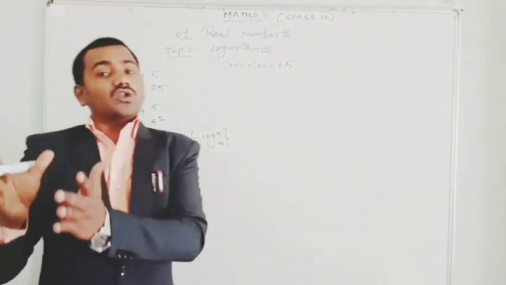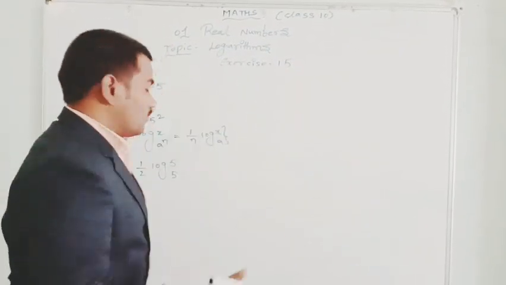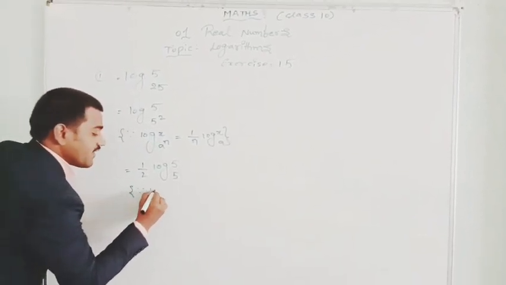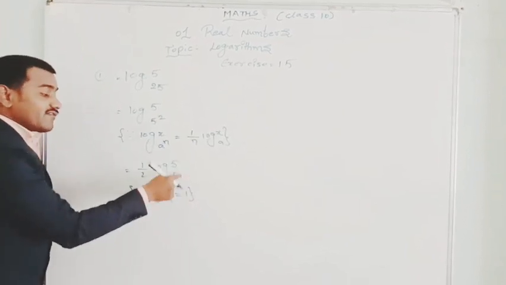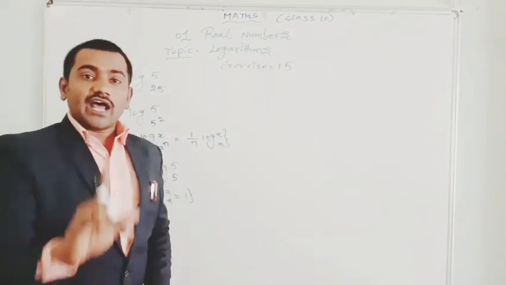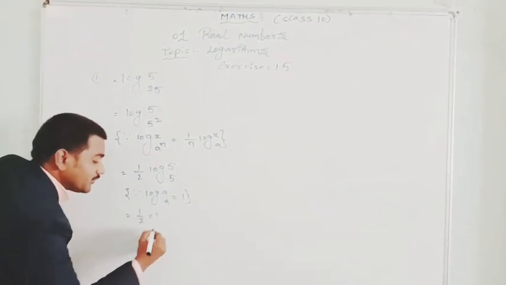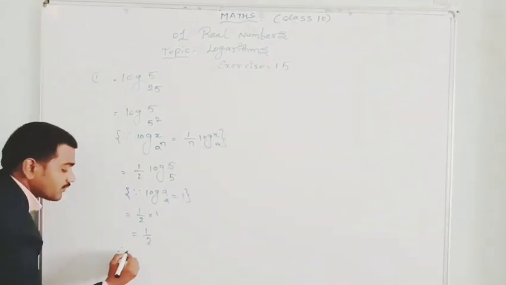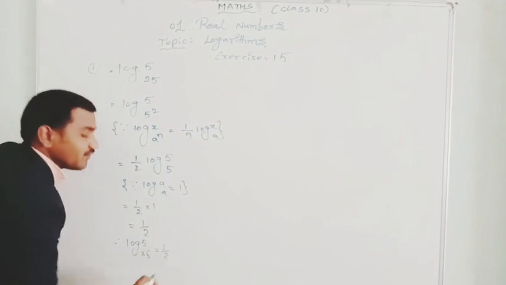We have also learned one more important formula, that log a base a equals 1. When the log value and base value are the same, we get the answer 1. So here we get 1 by 2 into 1, that equals 1 by 2. Therefore log 5 base 25 equals 1 by 2.